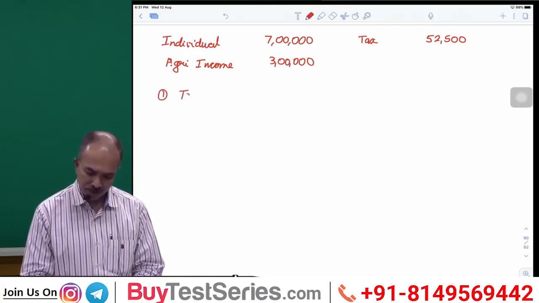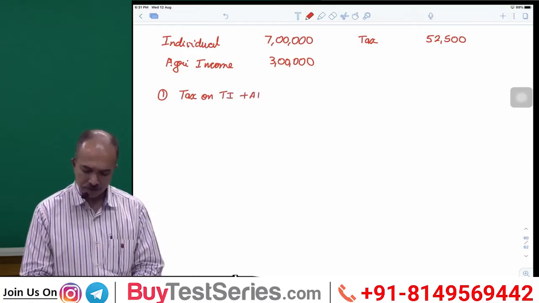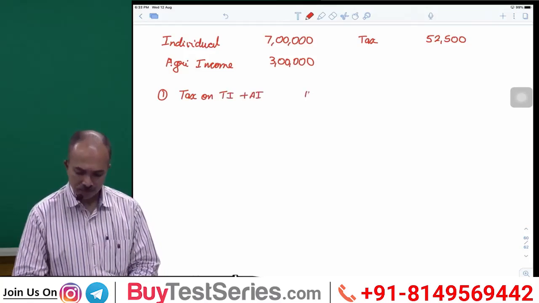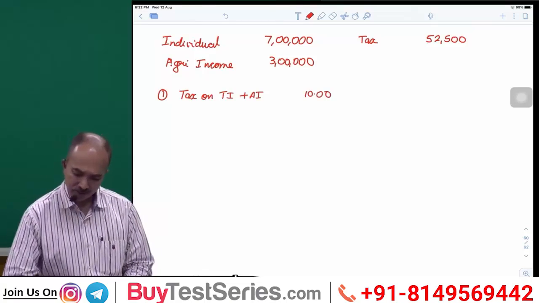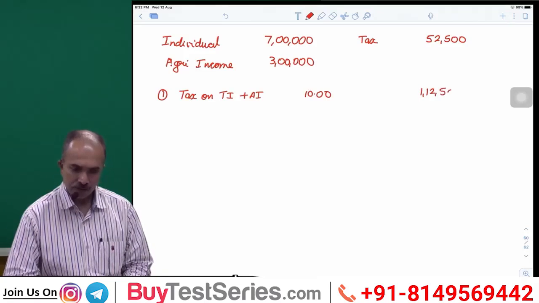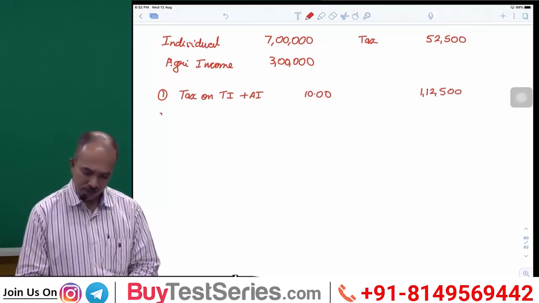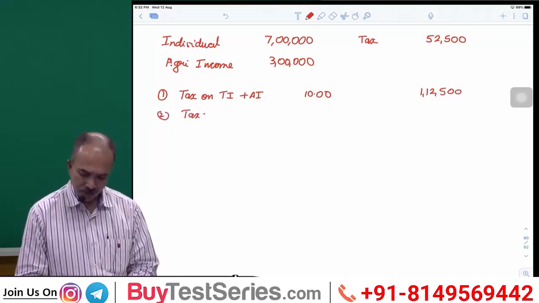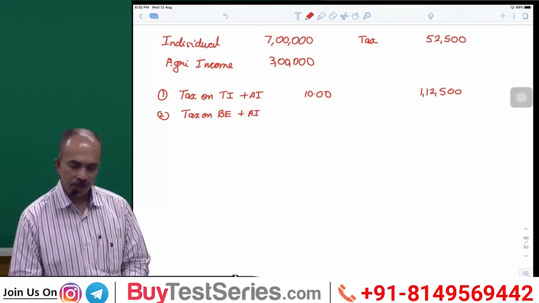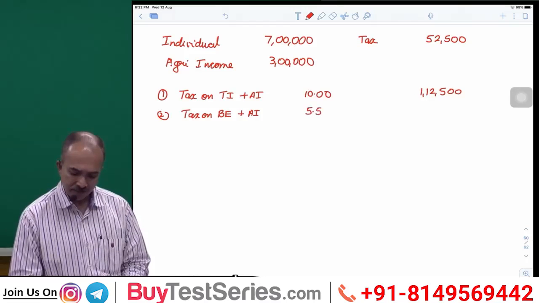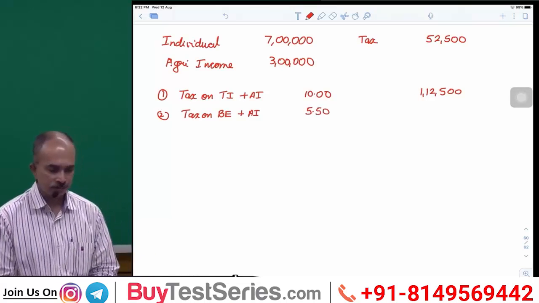Step 1, tax on total income plus agricultural income, that is on 10 lakh. 10 लाख पे tax कितना आता है? We know 1,12,500. Step 2, tax on basic exemption plus agricultural income. Basic exemption कितना है? 2.5 lakh plus 3 lakh, 5 lakh 50,000.